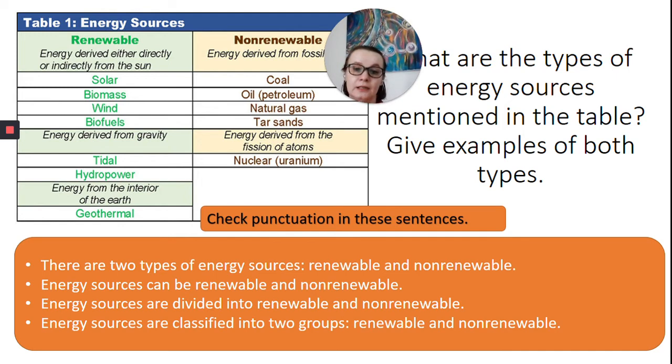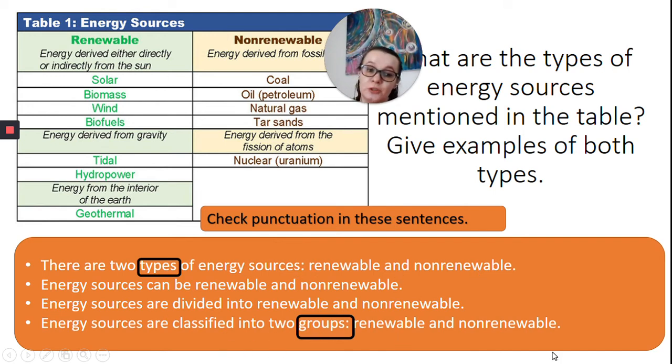And well, the answer is, first of all, in the first and the 4th sentence, we have the words types and groups. And after them, well, types of energy sources: renewable, non-renewable; 2 groups: renewable, non-renewable.